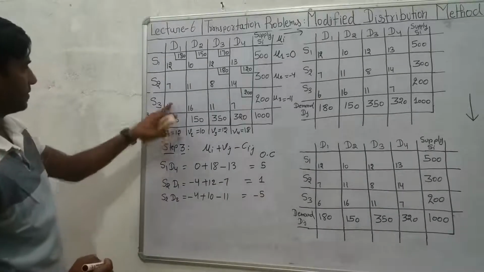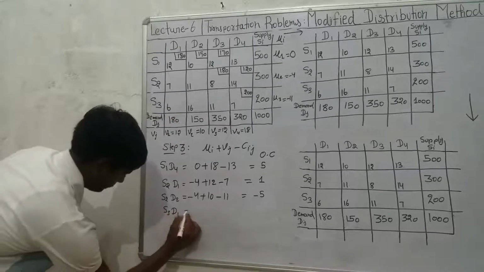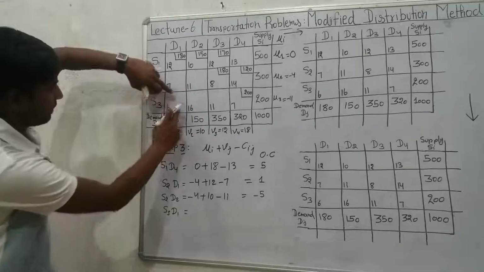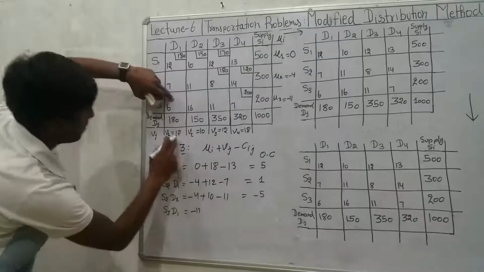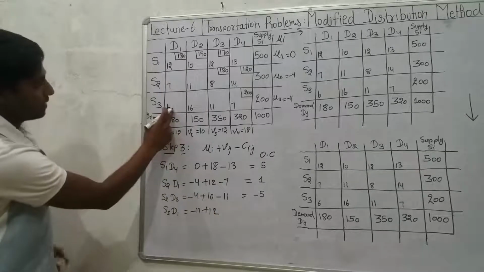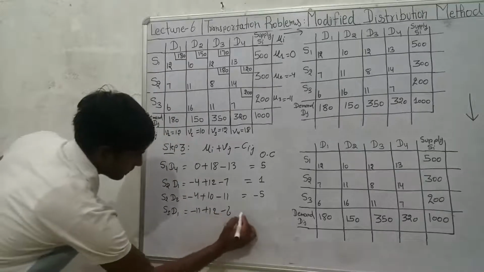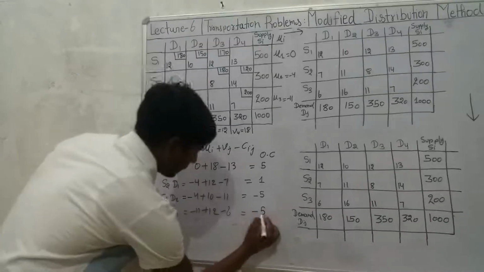For the next unoccupied cell, S3D1, using the same formula, the value of U is minus 11, and V1 is plus 12. What is the value of Cij? It is 6. So minus 11 plus 12 minus 6 means minus 5.